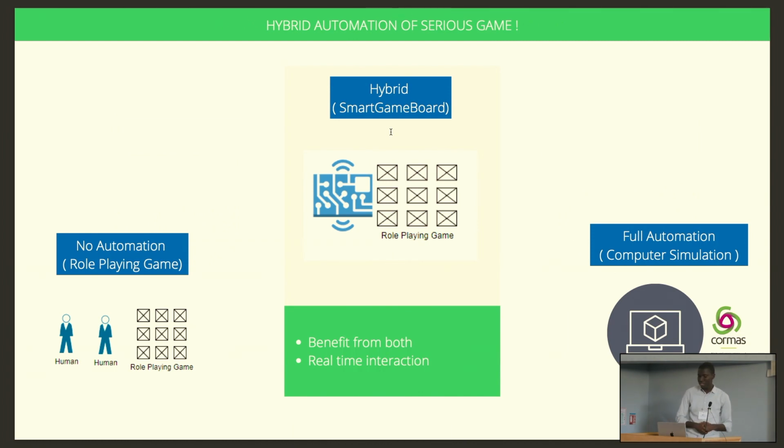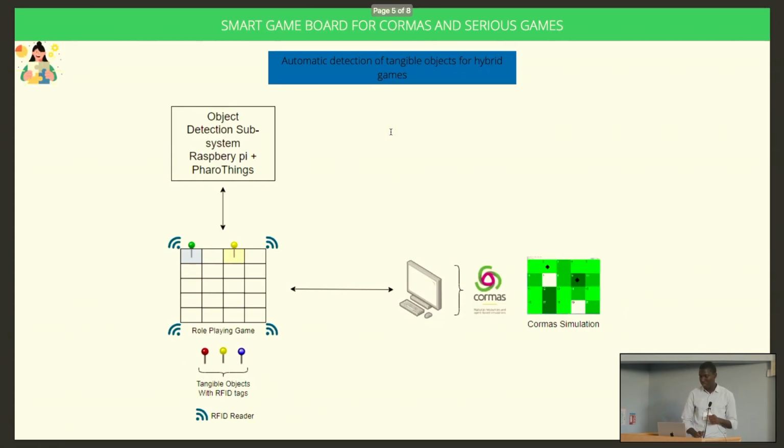So what we want to propose is to merge both sides and try to benefit from their advantages. This point is really important, because if we merge these two sides, we can benefit from real-time interaction. So here is the overview of what we propose.